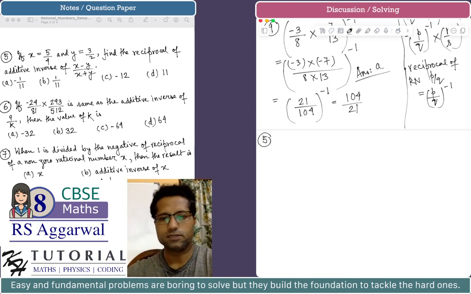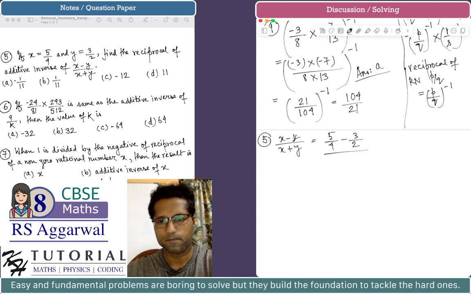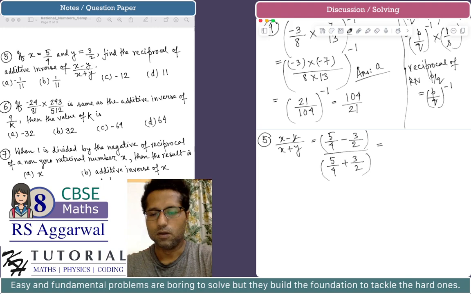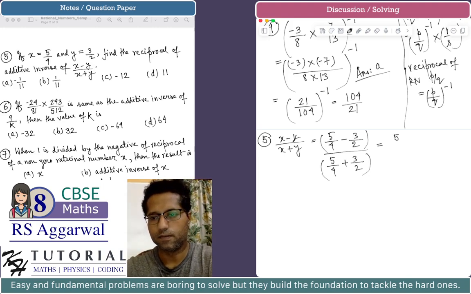Okay, so let's first see what is x minus y divided by x plus y. If we substitute the values, we get 5 by 4 minus 3 by 2 divided by 5 by 4 plus 3 by 2. Now what is 5 by 4 minus 3 by 2? It will be 5 minus 6 by 4.